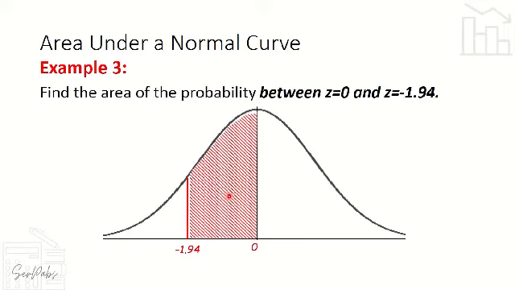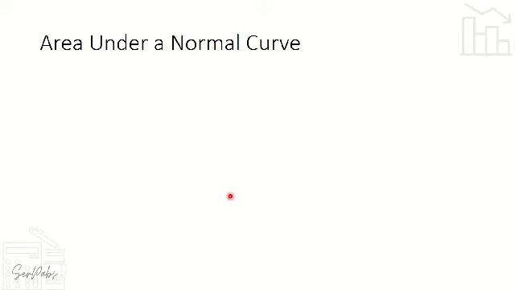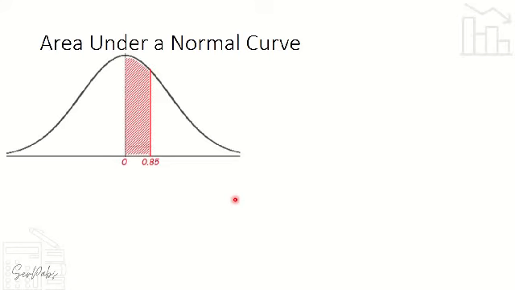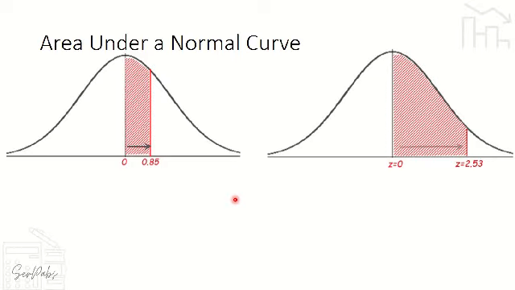Okay, so i-compare uli natin yung example number 3 from our previous examples. So, yung ating previous example number 1 and example number 2, so yung ating 0.85 ay papunta sa kanan, yung ating 2.53 ay papunta rin sa kanan. So, nasa kanan siya nung ating mean. So, dahil positive yung ating Z-score.